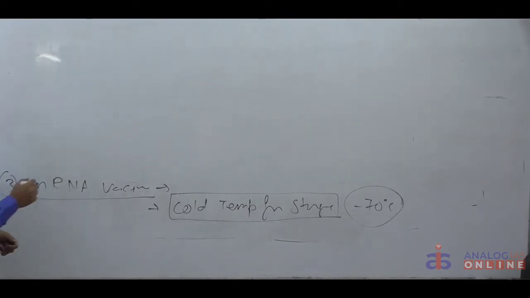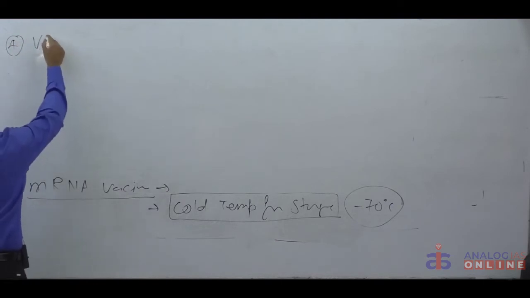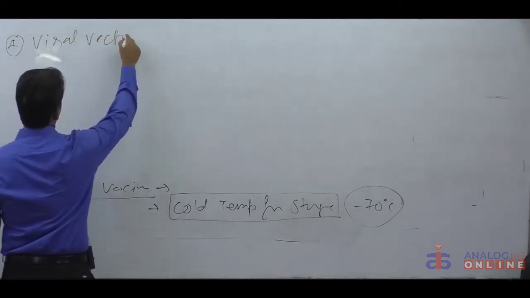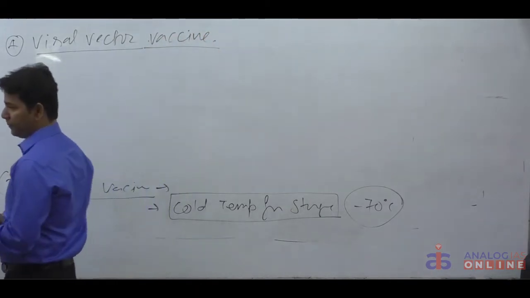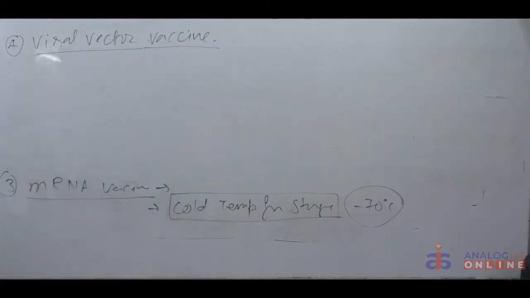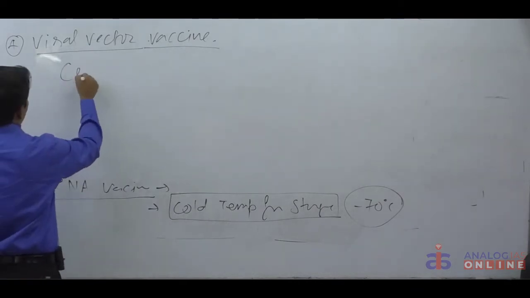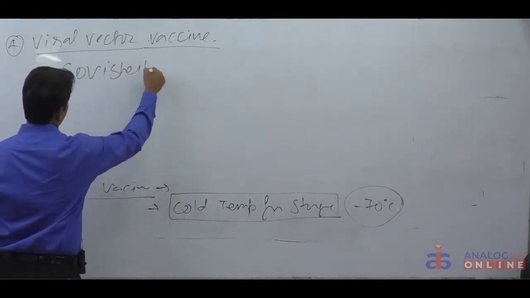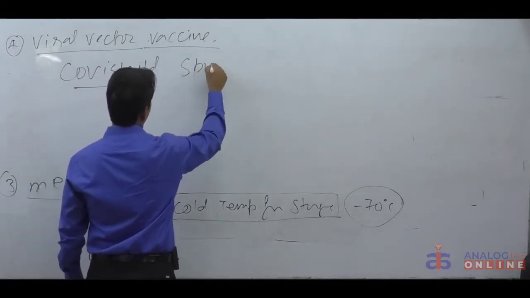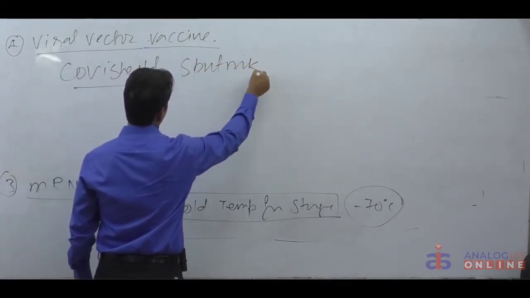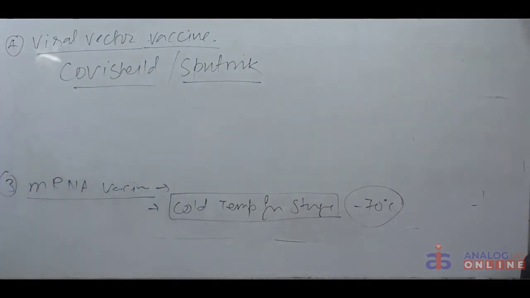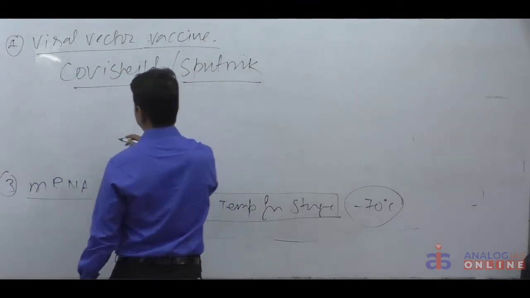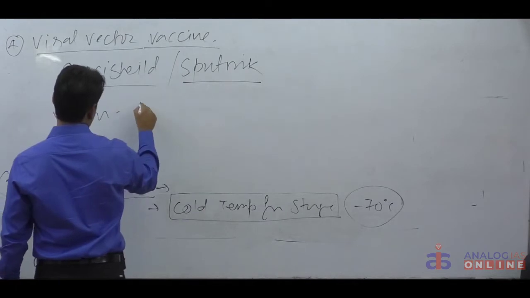And then the fourth vaccine that we have is the viral vector vaccine. Our Covishield is that. So Covishield and Sputnik of Russia are basically viral vector vaccines, where the vector is adenovirus.